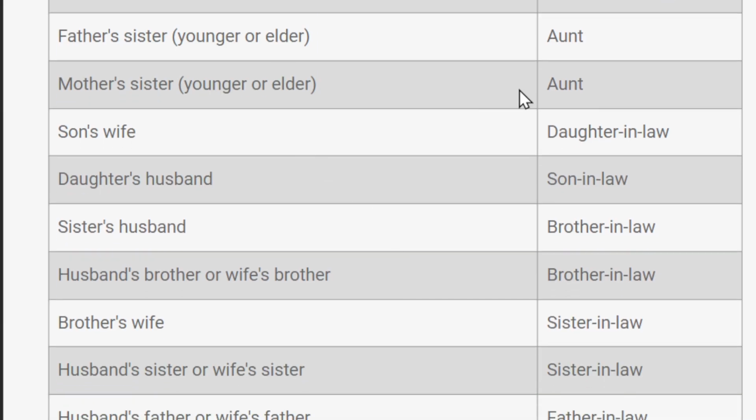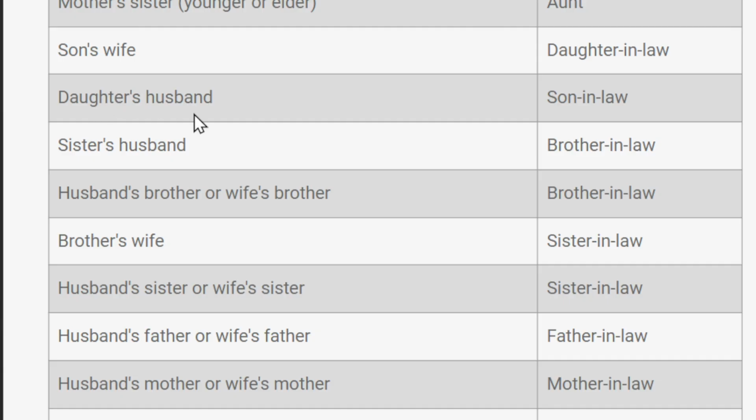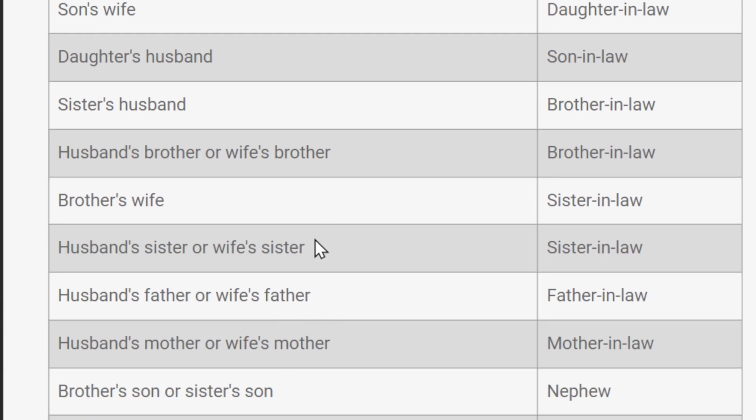Mother's sister, again auntie, or you can write aunt. Son's wife, daughter-in-law. Daughter's husband, son-in-law. You will be getting this in your higher standards, in fourth standard. Sister's husband, brother-in-law.